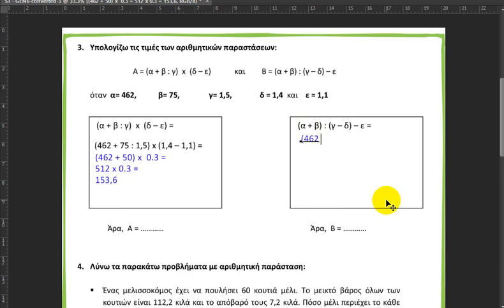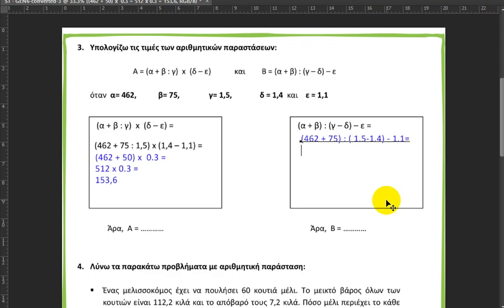462 plus 75, close the parentheses, divide by 1.5 minus 1.4. Don't want to make any mistakes. This is the most important part, minus 1.1.